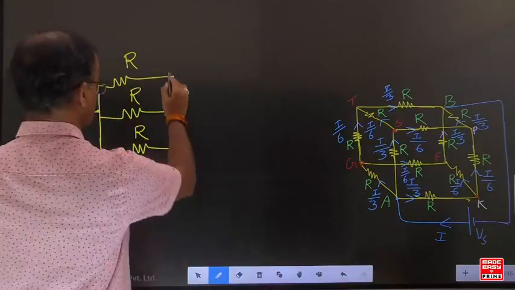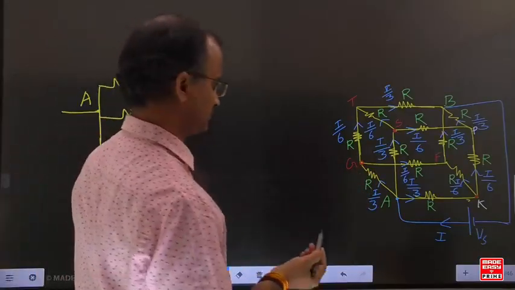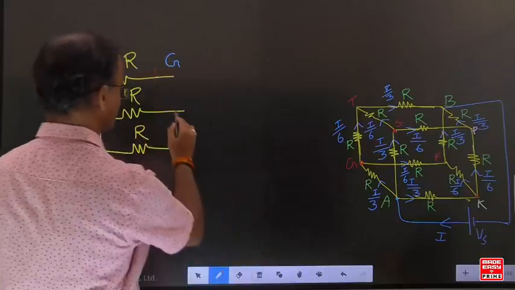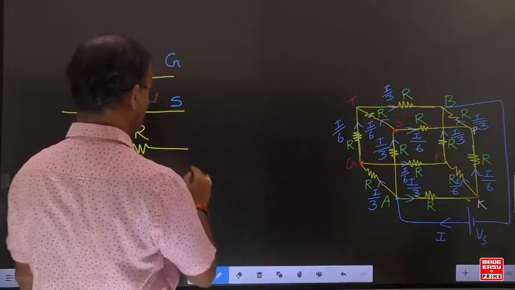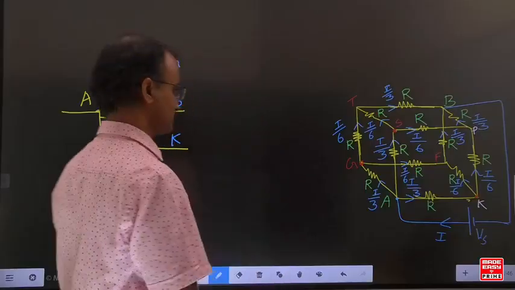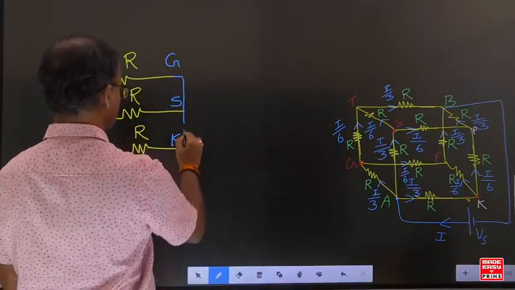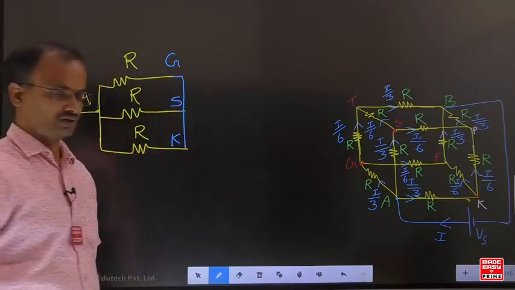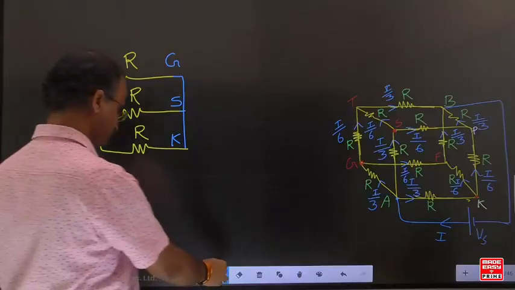Now in this example, one is going to G, another is going to S, and one more terminal is going to K. All are having the same potential. Same potential means, can you join all the respective points?